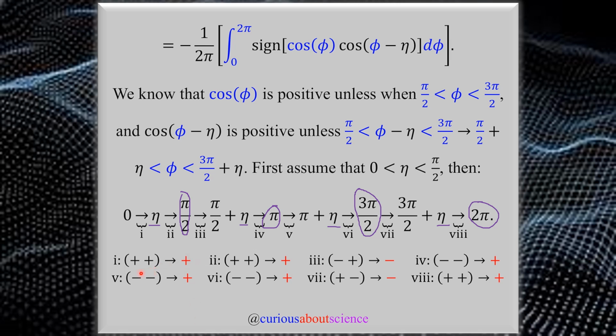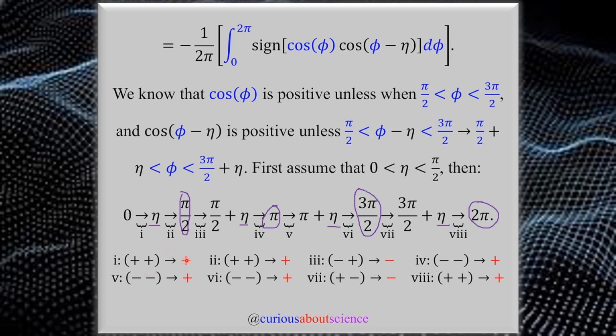If we look at the plus signs here for segment 1, we know that both are going to be positive, where this is the first term and this is the second term. Since we have cosine of phi, where phi is between 0 and eta, which again is less than pi over 2, we know that that's positive. Same thing here for cosine of phi minus eta, that's going to have to be positive.